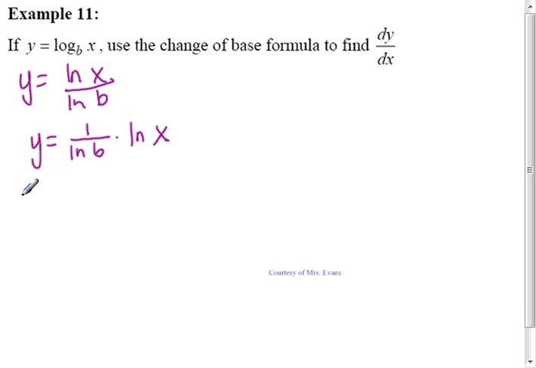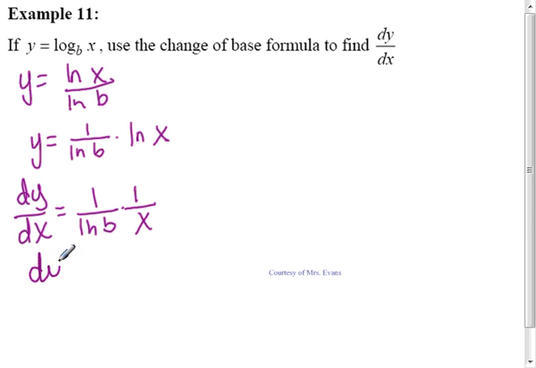If I was going to now take the derivative, okay, dy dx equals it's going to be that constant value times the derivative of ln of x, which is 1 over x.